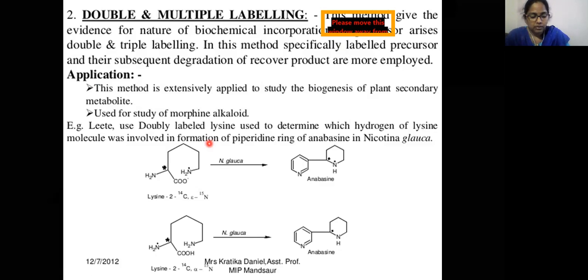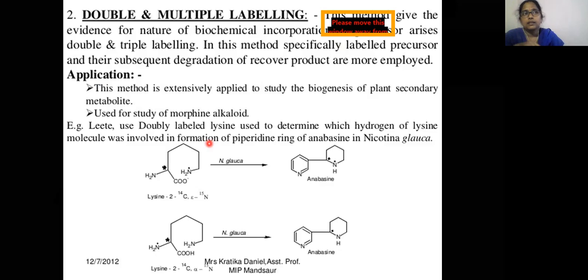In this labeling, either you can use a single compound for labeling purposes, or else you can go for multiple. Double means at a time you can label the compound with two isotopes. The same compound can be labeled using two isotopes, like we have seen in the formation of amino acids.